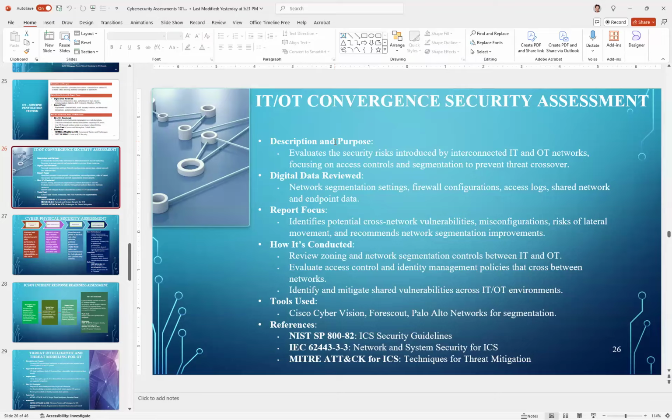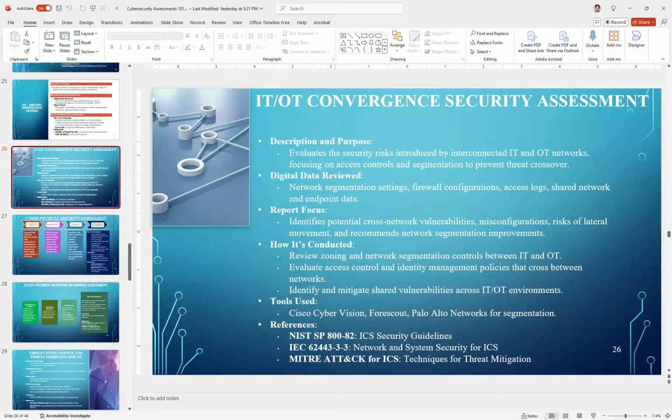Any misconfigurations, risk of any lateral movement between the two networks, and any recommendations for network segmentation to improve flow and prevent any kind of breach. It is done by reviewing all zoning and network segmentation controls between IT and OT.